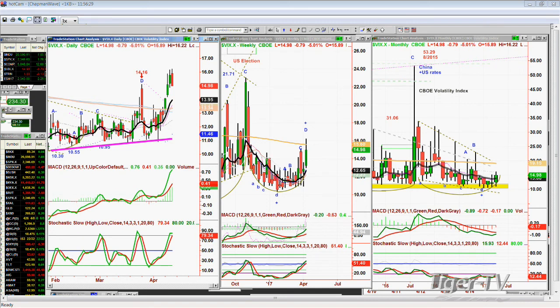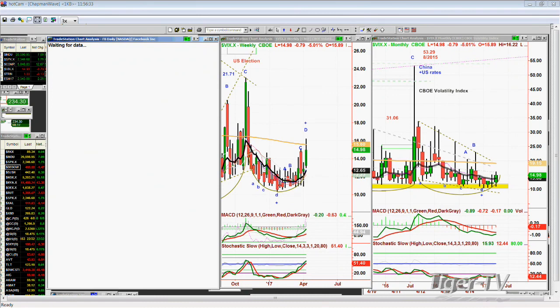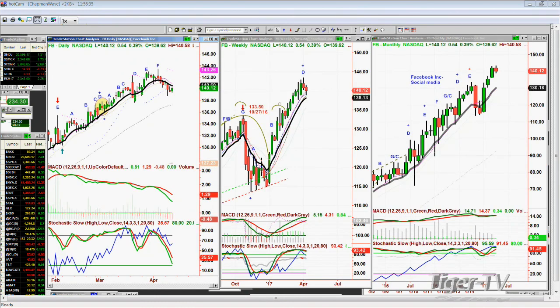And that's the reason when I look at, say, Facebook, trading at 140 right now after making a peak F, that's very negative on the daily. But look at the weekly. The weekly hasn't even recognized that the daily has moved on to a different place.